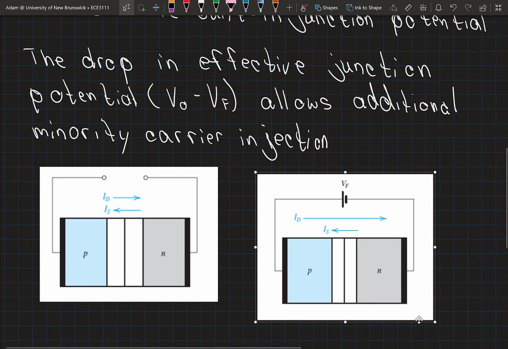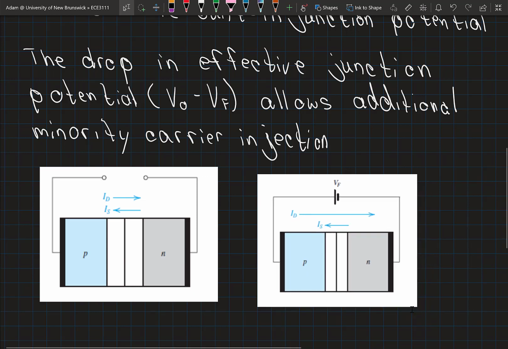So the net effect here is that we are going to get a net current flowing. Well, maybe I'll show it this way. We're going to get a net current flowing in this direction, which again, what we have already encountered is the case for a forward bias diode.